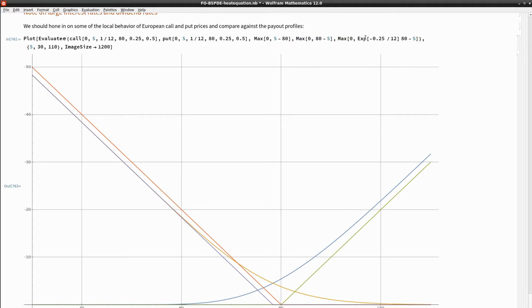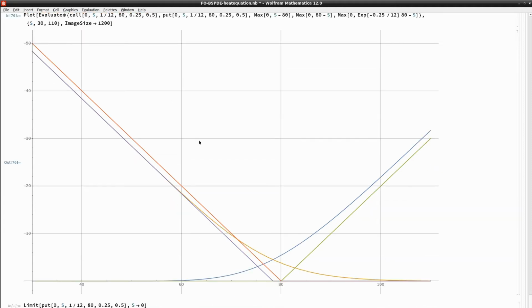I am taking the interest rate, and I'm discounting, I make it negative, so it's minus 25% per month, because that's the time horizon that we have. I've set 1 month here, and I multiply that with our strike 80 before I subtract S. So this is our lila curve here. This curve that we see in lila, and we see it's a lower bound for the European put price.